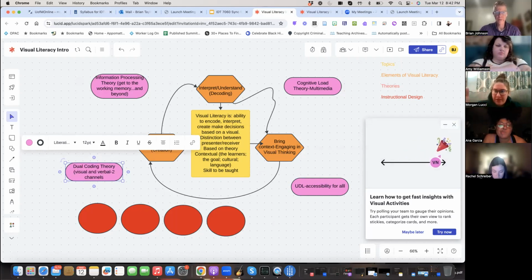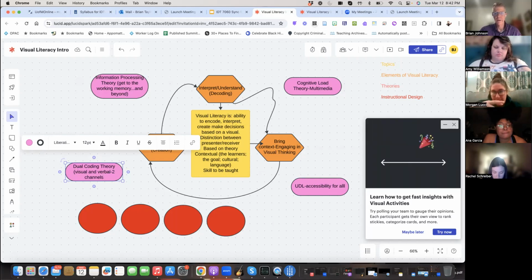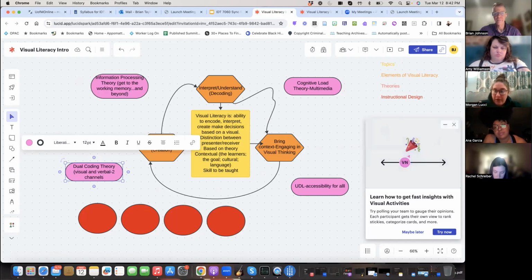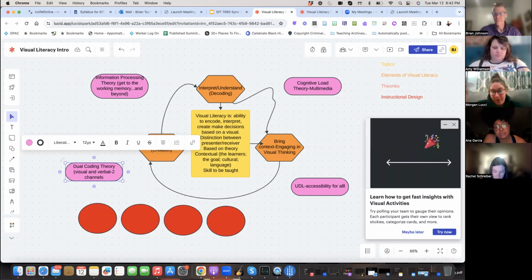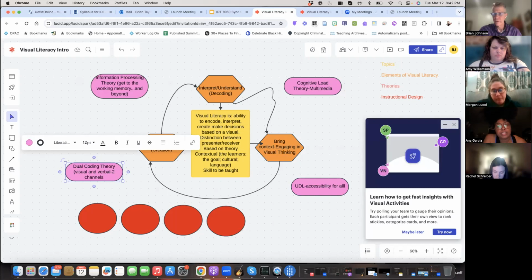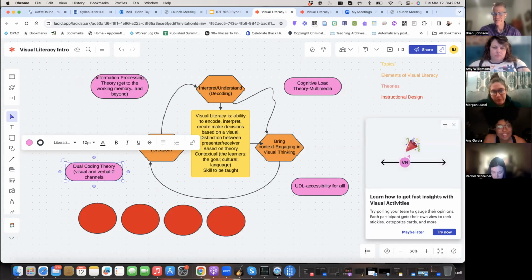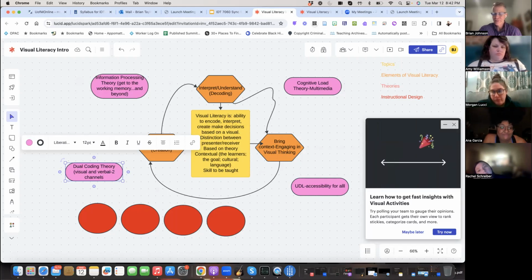And it plays into multimedia theory and also cognitive load theory on how we present information to the learner. Redundancy principle will come up in that also. Or the picture superiority. Yeah, I know that we can encode that really quickly. We like pictures, don't we? Pictures are just generally easier. Yeah.